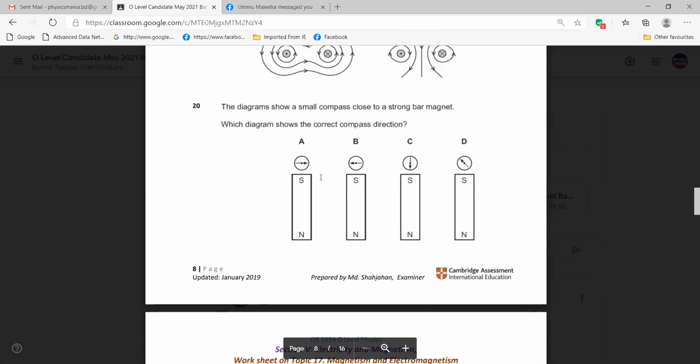Alhamdulillah. Now 20. It should be C, right? Yes. Correct. Awesome. Great.